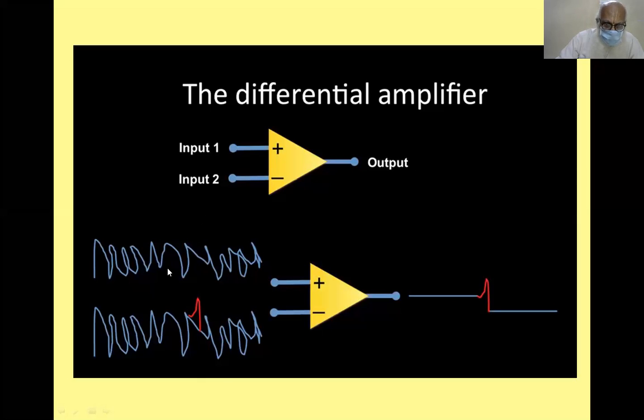They are almost similar, except this red part. So when you call it differential amplification, this blue part is cancelled out. You only get the difference. You can see here a flat line, and here is the difference. That's what the differential amplifier is doing in the case of the EEG.